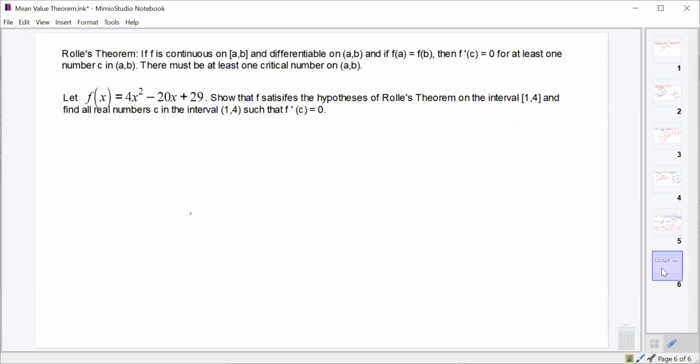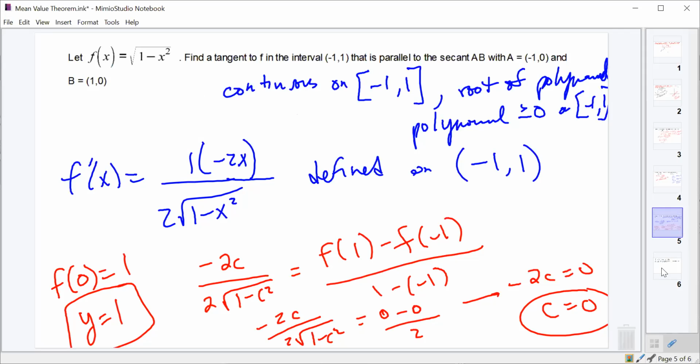All right. So now, lastly, here is Rolle's theorem. Rolle's theorem is just a corollary to the mean value theorem. It says all the same stuff: if f is continuous on the closed interval a to b and differentiable on the open interval a to b, and if f of a is equal to f of b, then f prime of c has to equal 0 for at least one number c on a to b. And that's effectively what we had here, right?